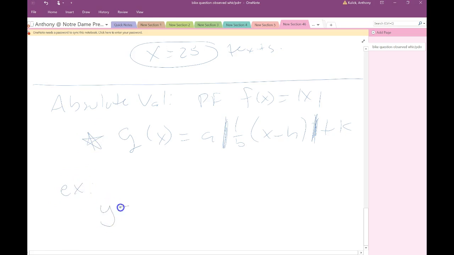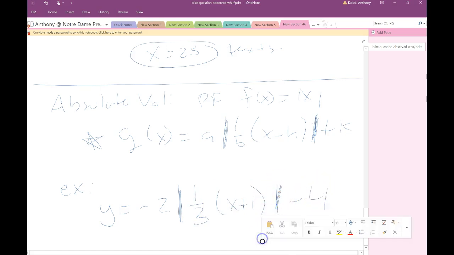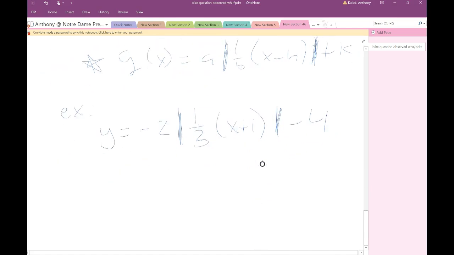So for example, if I have y equals -2 times the absolute value of 1/3 x plus 1, minus 4, I am just going to start by identifying my values for a, b, h, and k.